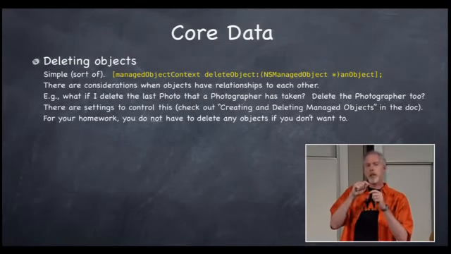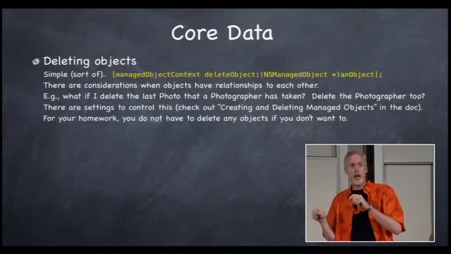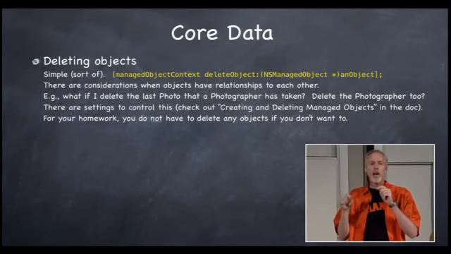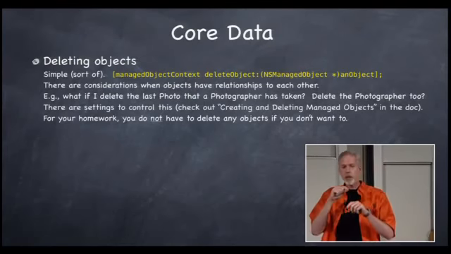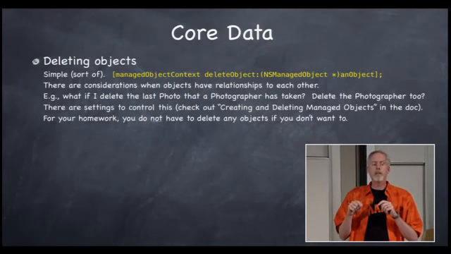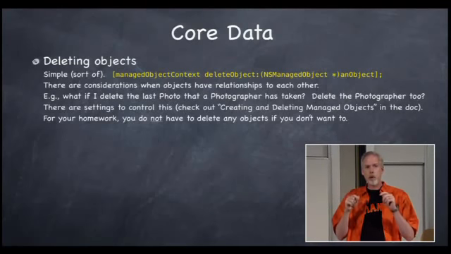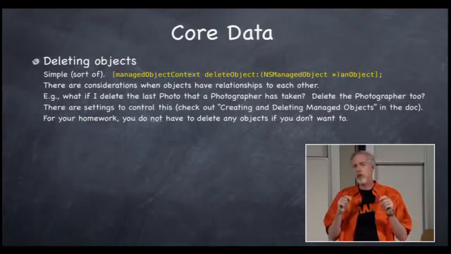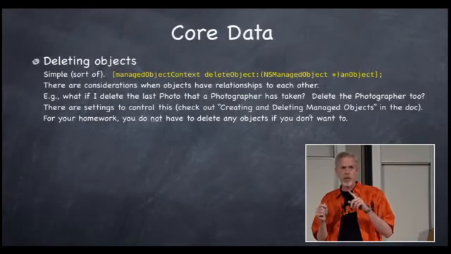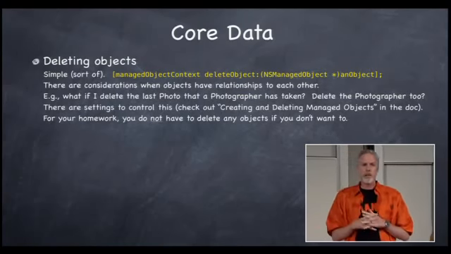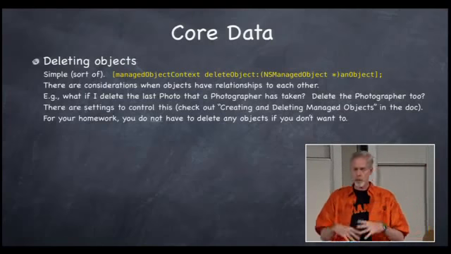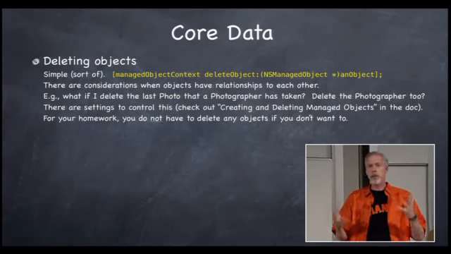If I delete the NSSet entirely, do the photos get released? Those kinds of things. And there are lots of ways to specify those rules inside of Core Data, and you probably want to understand those, but we're not going to go over those today. And in your homework, you don't have to delete any objects. You can just let your Core Data database accumulate objects.